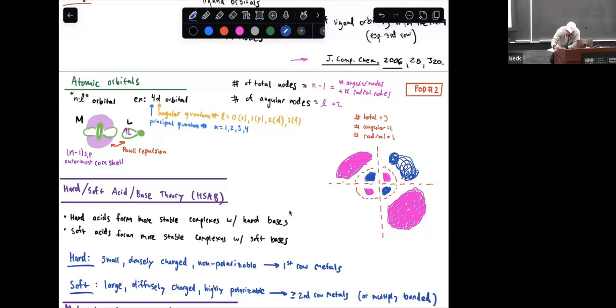Why I like to take the time to draw out the 4d orbitals is that anytime you see the d orbitals introduced, it's always the 3d. And so we have a really strong intuition about what 3d orbitals look like. We're familiar with the friendly looking donut of the dz squared orbital, and we can draw those like the back of our hand, even if we haven't covered organometallic chemistry.